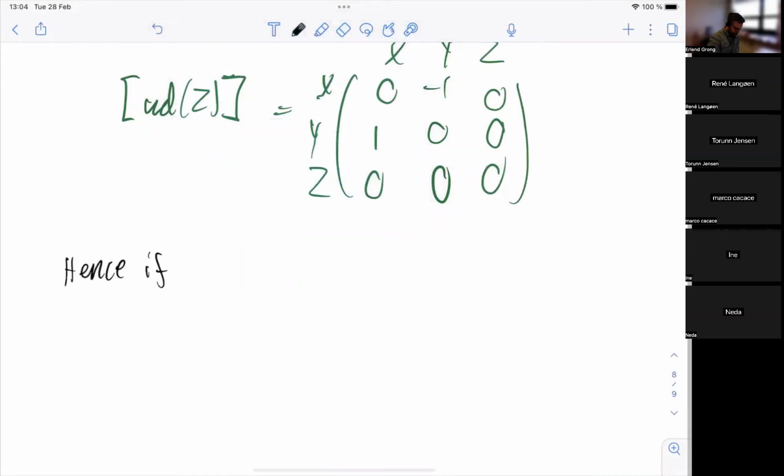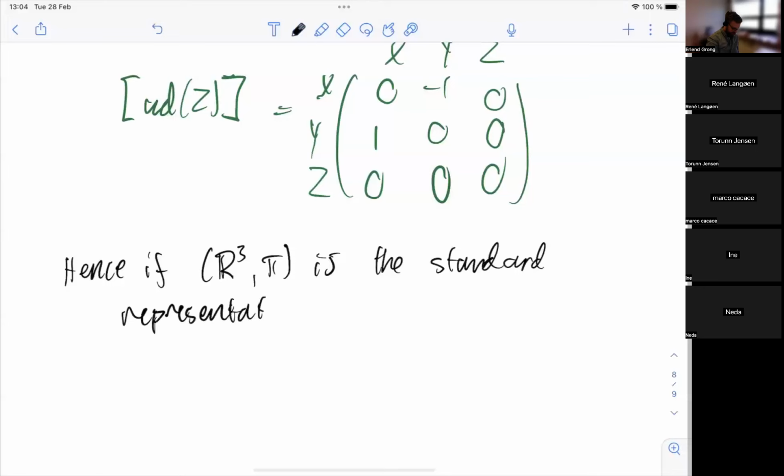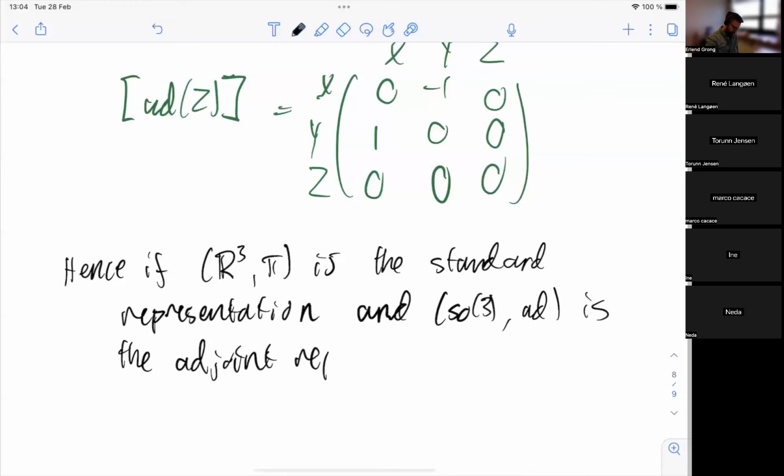Hence, if small pi is the standard representation on R3, and SO(3) with ad is the adjoint representation, these are isomorphic.